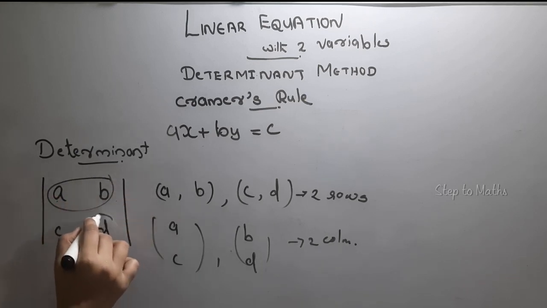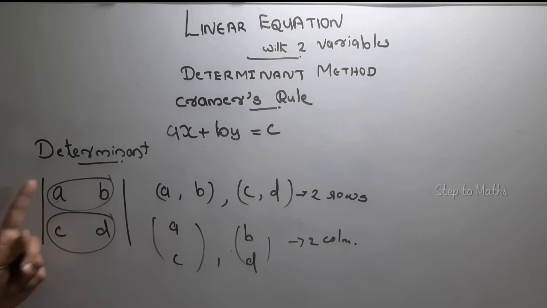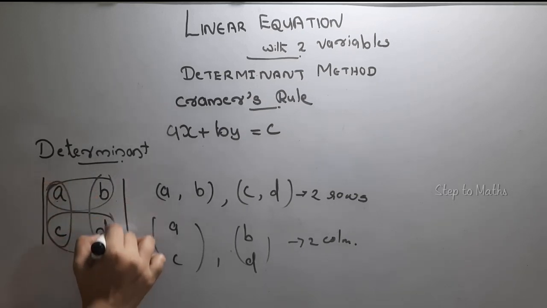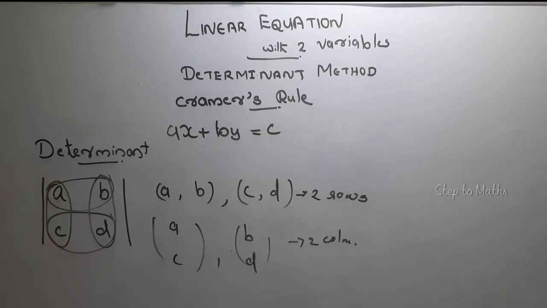A, B and C, D are two rows. A, C and B, D are two columns.